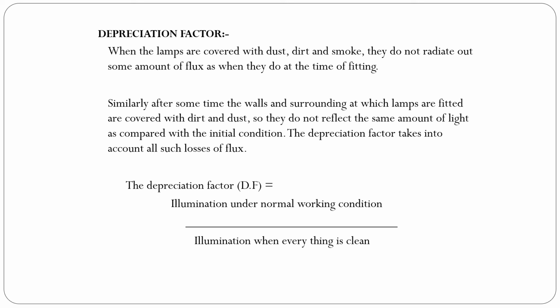Similarly, after some time the walls and surroundings where lamps are fitted are covered with dirt and dust, so they do not reflect the same amount of light as in the initial condition. So the depreciation factor takes into account all such losses of flux. It is denoted by capital DF: illumination under normal working conditions divided by illumination when everything is clean.